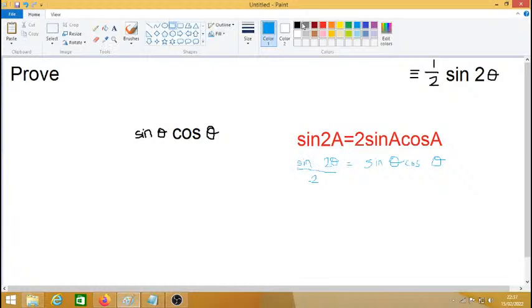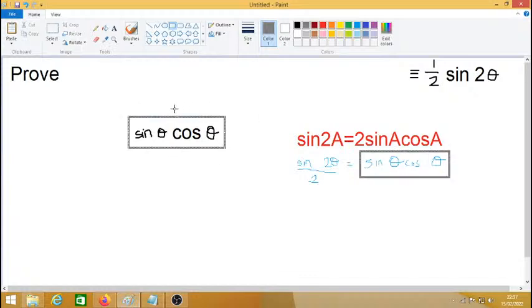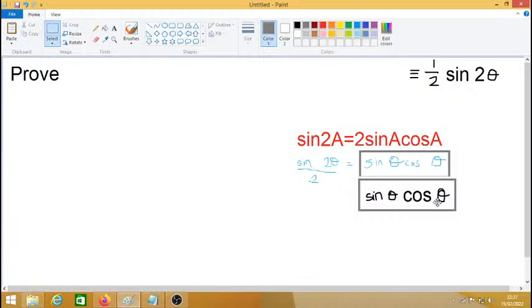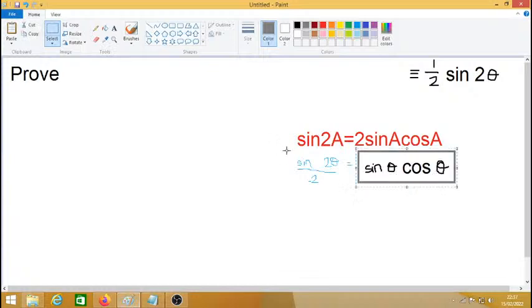So what I've got here is an exact match of what I've got here. So I can replace all of this. Sine theta cos theta can come here. Sine theta cos theta. And all I need is this sine 2 theta over 2.